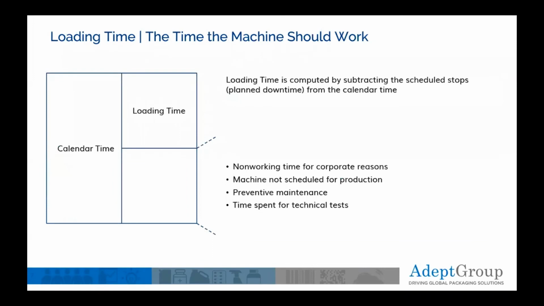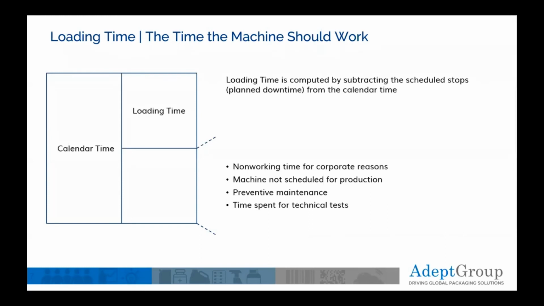So let's do a step back and look at the time, because OE is overall a ratio between times. So the biggest time you can think about is the calendar time, right? So from the calendar time, we are considering just the loading time. That is the time the machine should work.